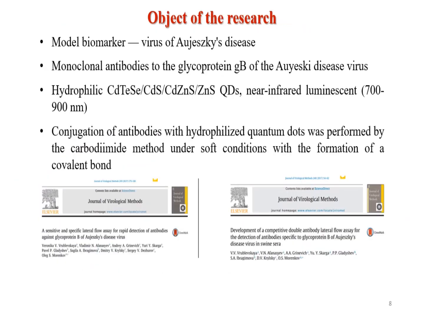As a model biomarker in this work, we use the virus of Aujeszky's disease. Monoclonal antibodies to its glycoprotein gB were conjugated to the quantum dot surface, fluorescing in the near-infrared range, by the carbodiimide method under mild conditions, with the formation of a covalent bond.